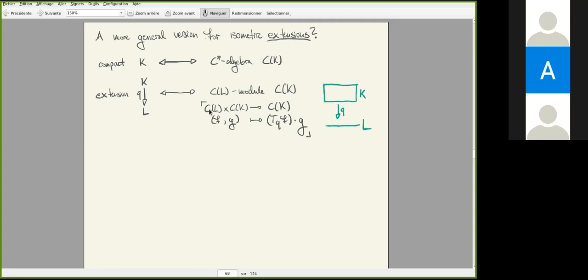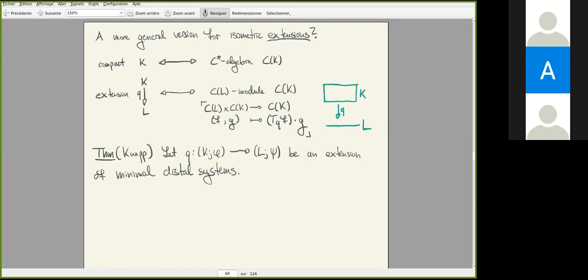Okay, now, of course, a lot of things have already been done, and people already started thinking about how one could come up with functional analytic descriptions of isometric extensions in topological dynamics. So if you go into the infamous book by Ellis, and you look in the very last chapter, I think it's almost the last theorem, then you will find the following, which is a result by Anthony Knapp.